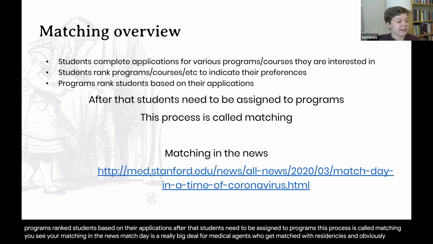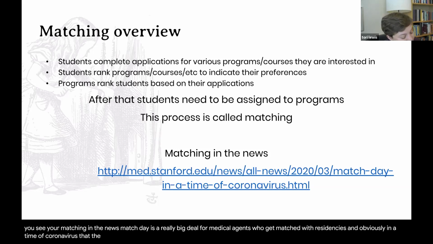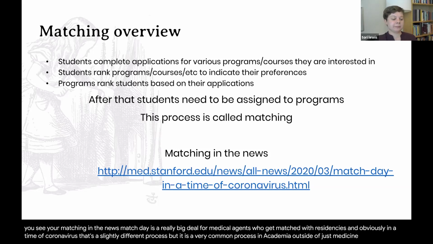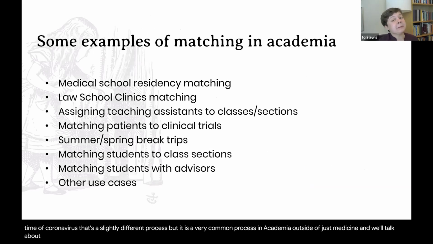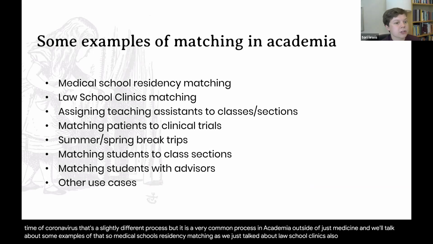And obviously in a time of coronavirus, that's a slightly different process, but it is a very common process in academia outside of just medicine. And we'll talk about some examples of that. So medical schools residency matching, as we just talked about. Law school clinics also do matching.